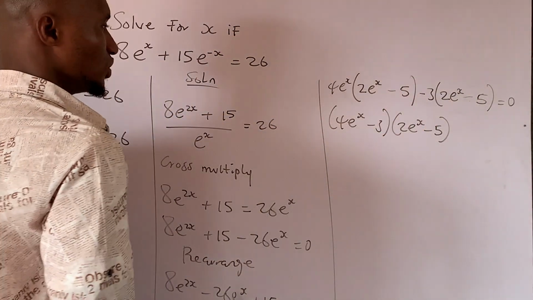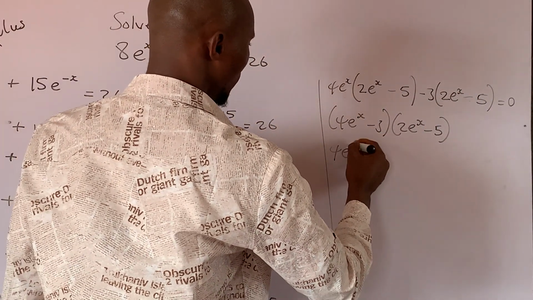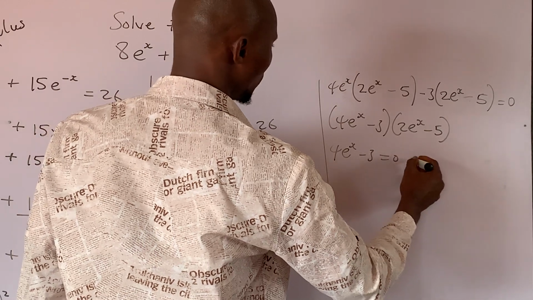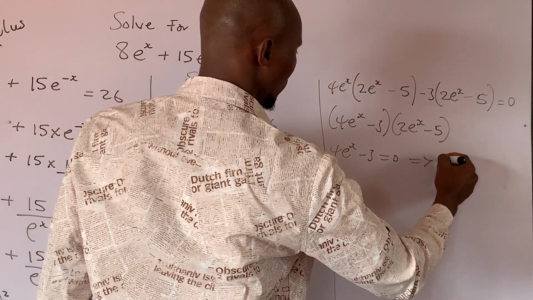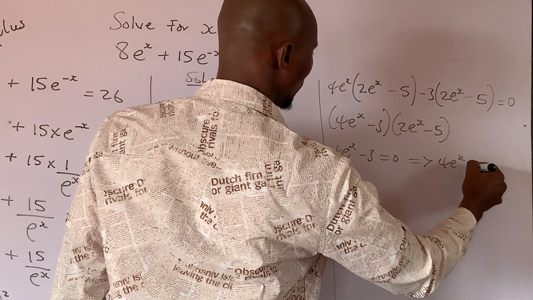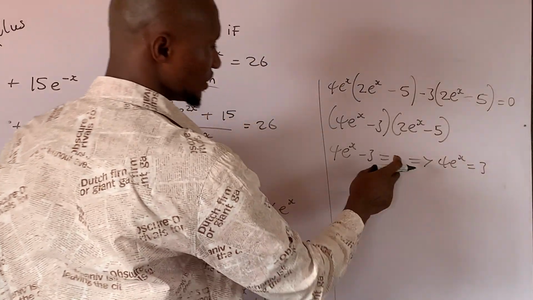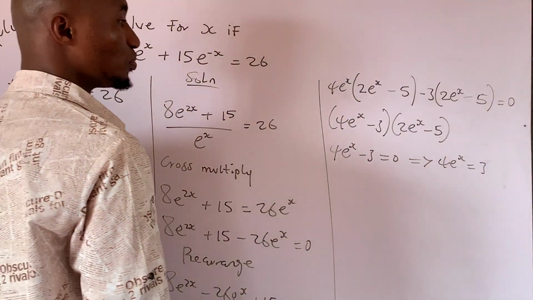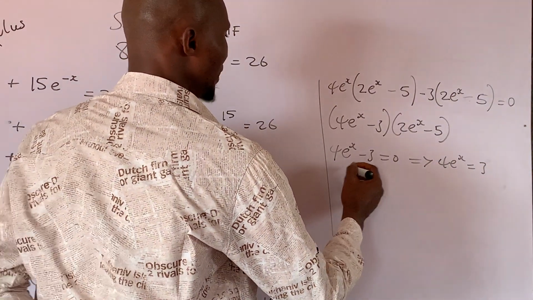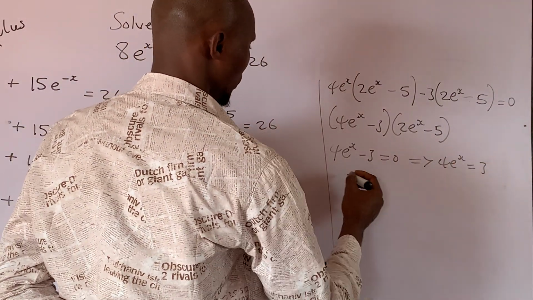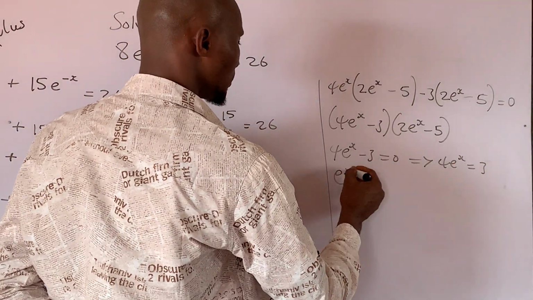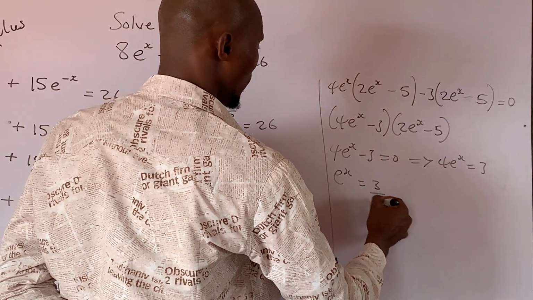So this thing means 4 exponential minus 3 equal to 0, which implies that 4 exponential is equals to 3, because when minus 3 crosses here, it gives us plus 3. So we make this subject of formula. We're going to have exponential equals to 3 over 4.